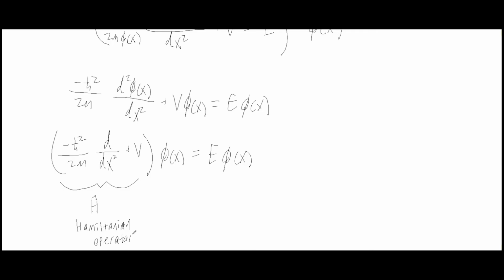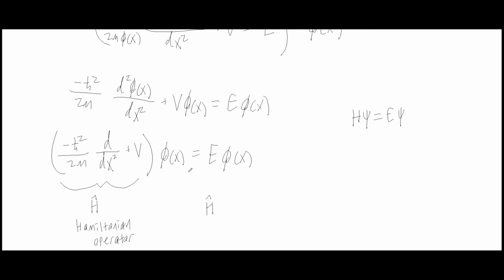And we see now that we are in that form that we've talked about before of a Hermitian operator acting on something, giving us an eigenvalue multiplied by that same function there. So we could even write this in what you may have seen before.